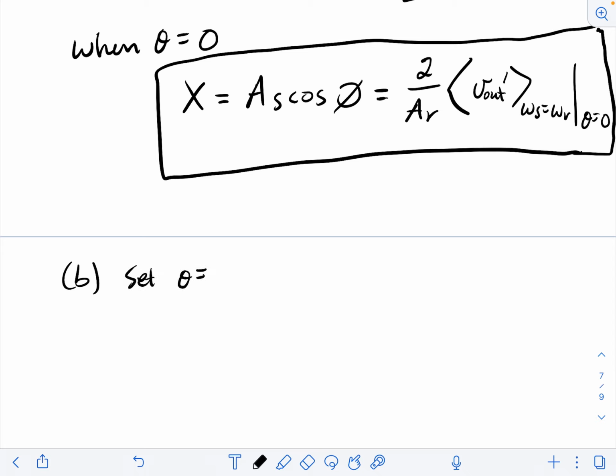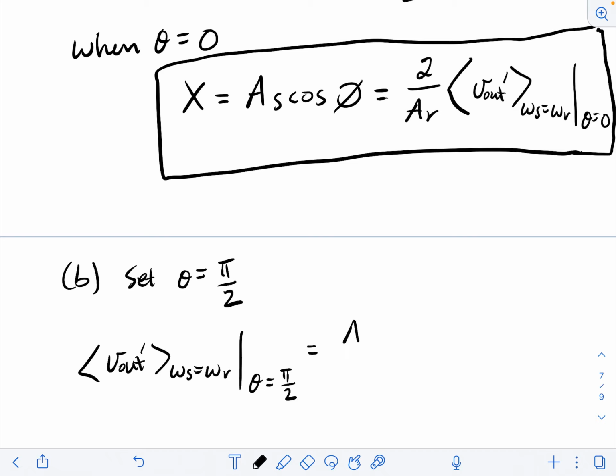And if we do that, we get V out prime, omega s equals omega r. The reference phase is set to pi by 2, and that's going to be equal to AS AR over 2 cos of phi, and instead of 0, we have minus pi by 2 for the minus theta part of that.